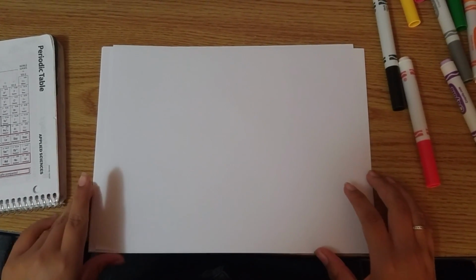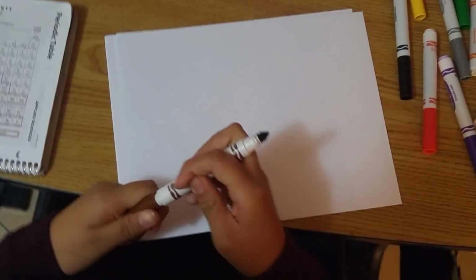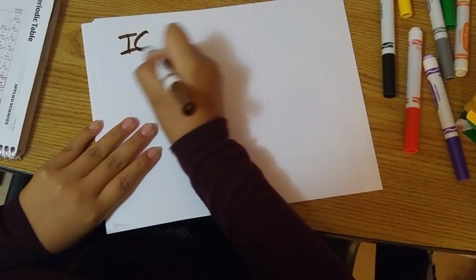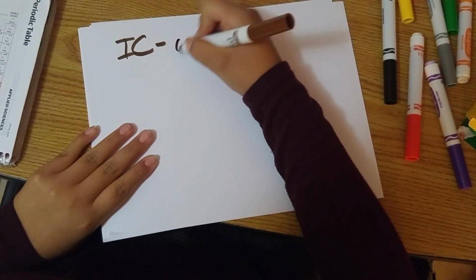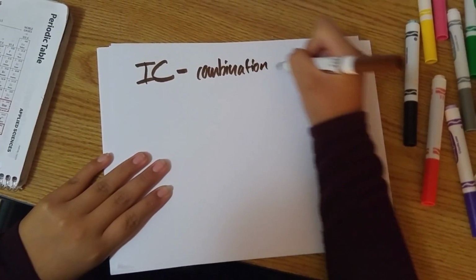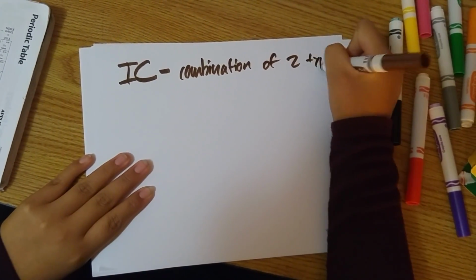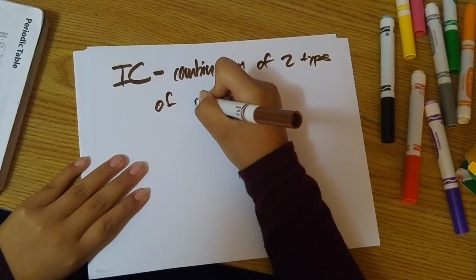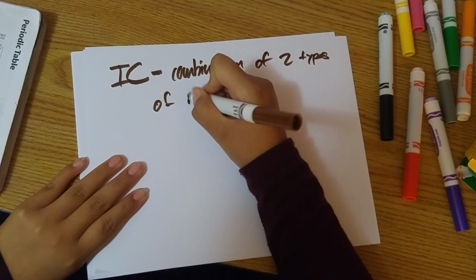Okay, now we're moving on to ionic compounds and how to combine a cation with an anion. For this, we'll need our periodic table. But let's start with what an ionic compound is. An ionic compound, we'll call it IC for short, is the combination of two types of ions.